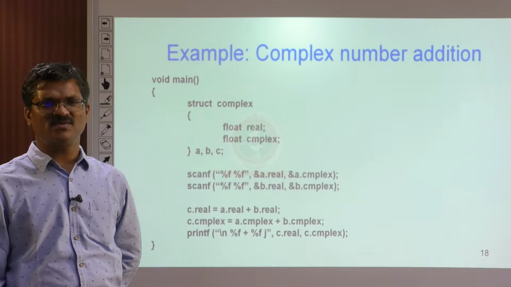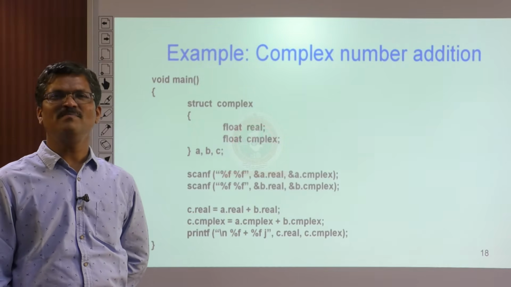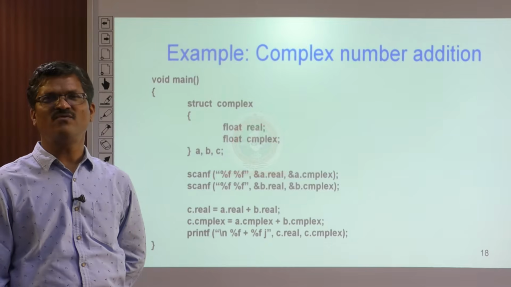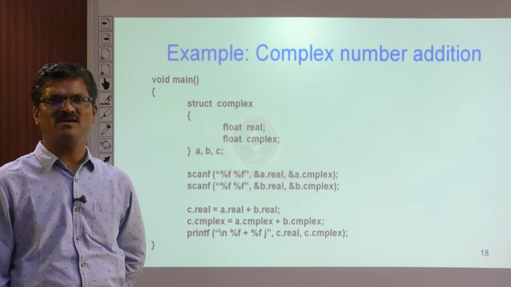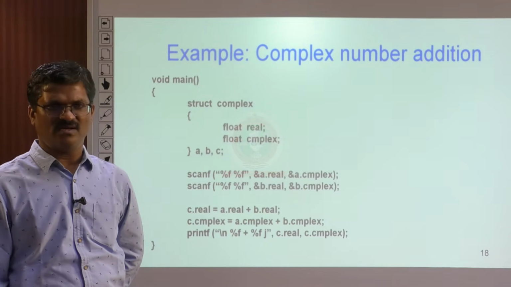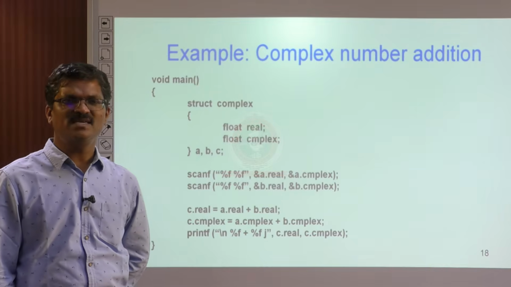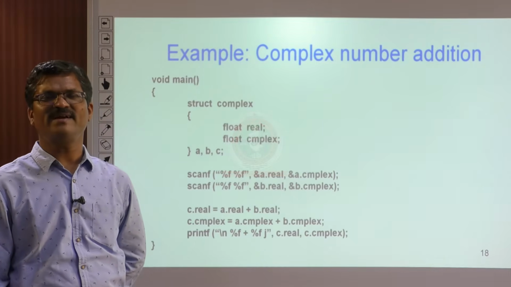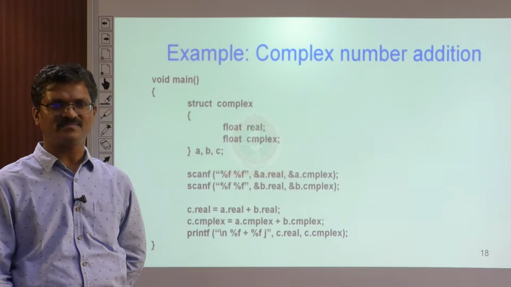A, B, C are the structure variables, where A and B are the two complex numbers given as input, and C is the output, the result of the addition of two complex numbers.